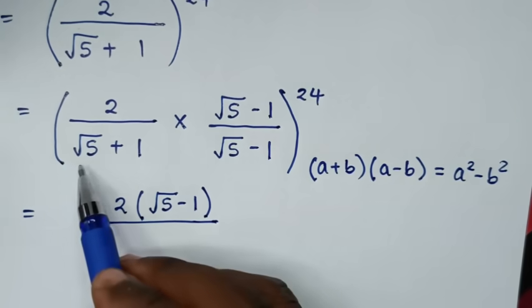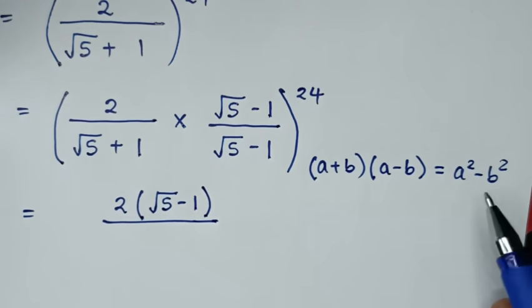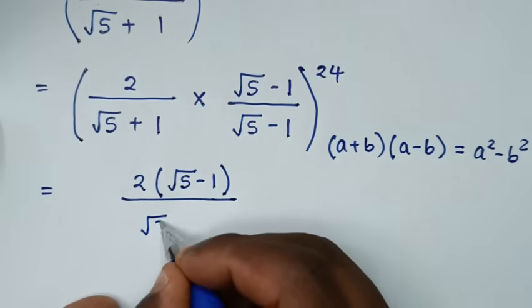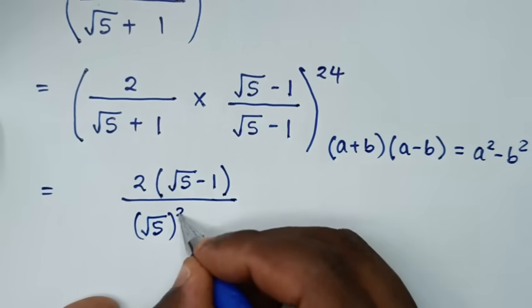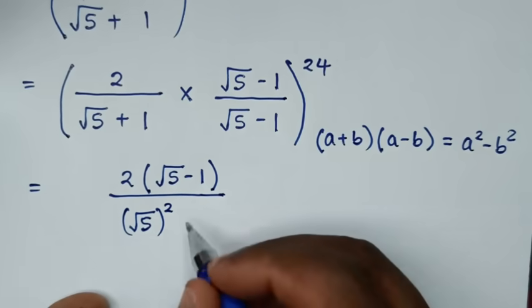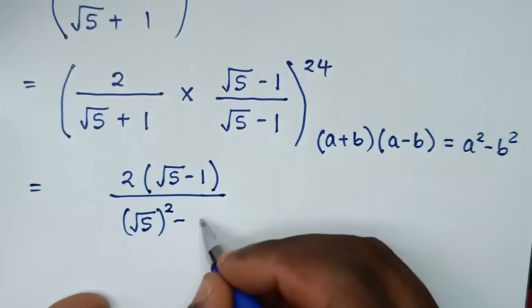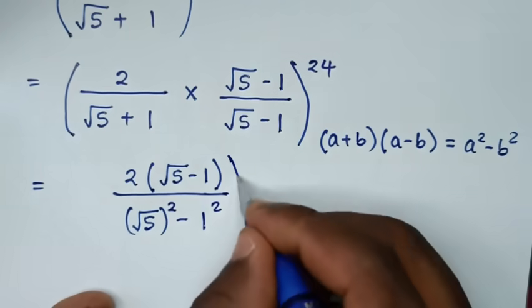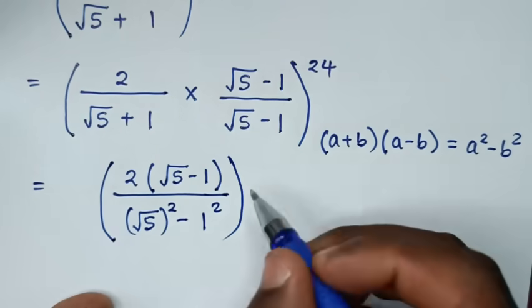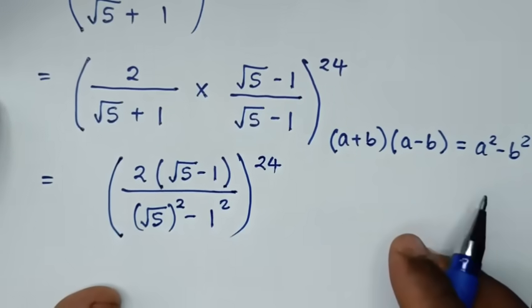So it will be square root of 5 bracket square, then minus 1 square, then bracket power of 24.